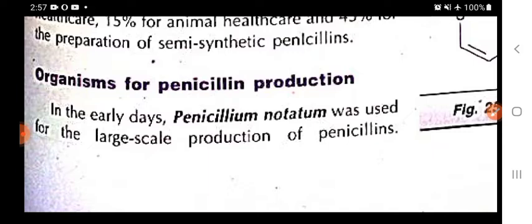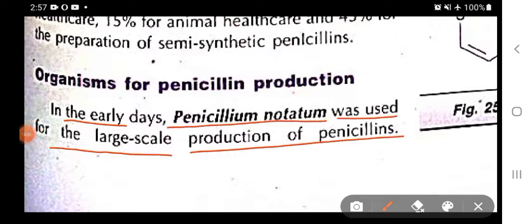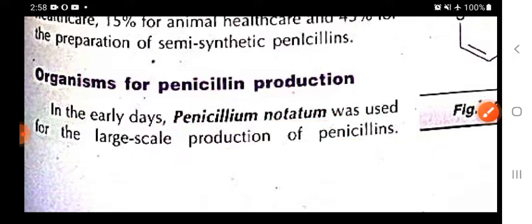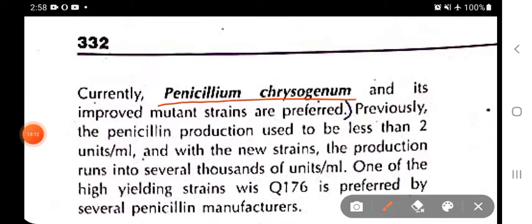Now, in earlier days, Penicillium notatum was used for large scale production of penicillin, as discovered by Alexander Fleming. But currently, Penicillium chrysogenum and its improved mutant strains are preferred.